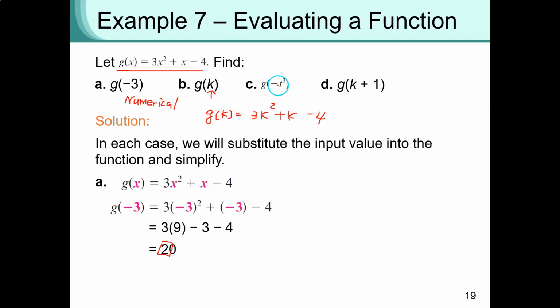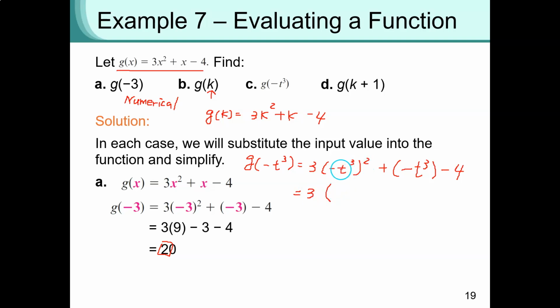Now the input has -t to the power 3. So same way, I just write down g of -t to the power 3. And now we will have 3 multiplied by -t to the power 3 squared, plus -t to the power 3, and then minus 4. So here we clean up.